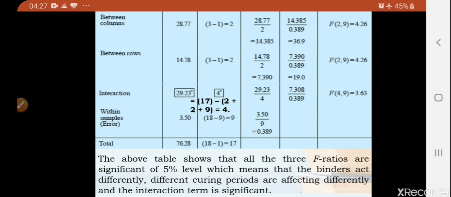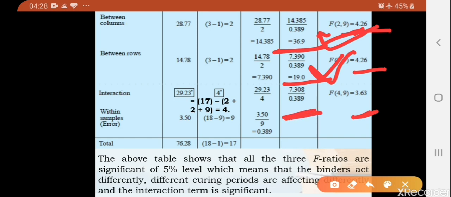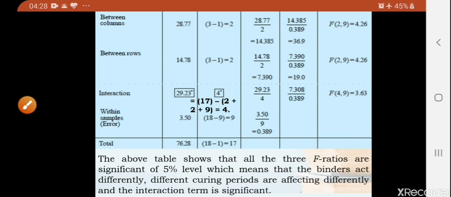This 36.9 is much more than 4.26. It means the difference is significant. Similarly here it comes out to be 19, against 4.26, it is more, so it is also significant. Here the table value is 3.63, and the calculated value is also very much higher than 3.63, so it is also significant.